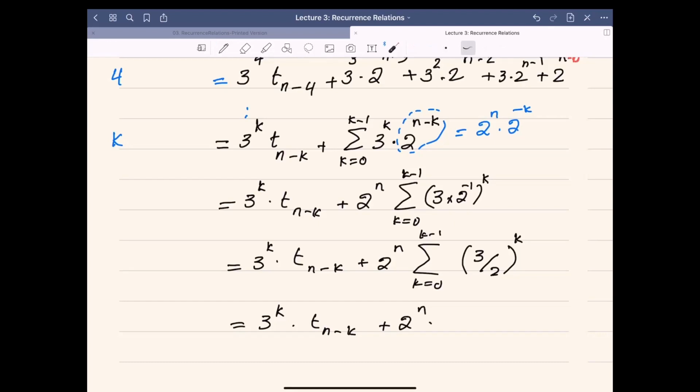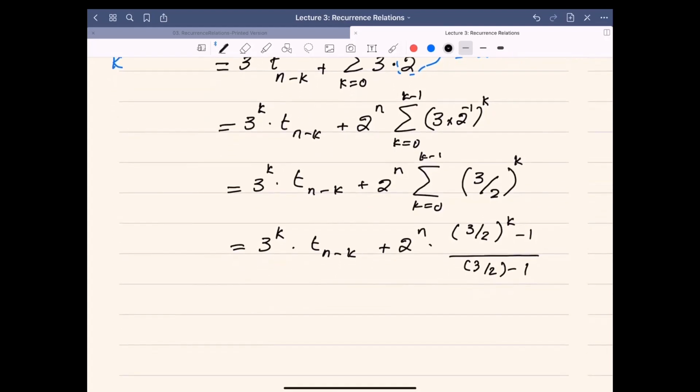Now this is a geometric sequence and it starts from 0 and it goes up to k minus 1. So the answer for this one will be 3 over 2 raised to power k minus 1 over 3 over 2 minus 1. Let us leave it as it is.